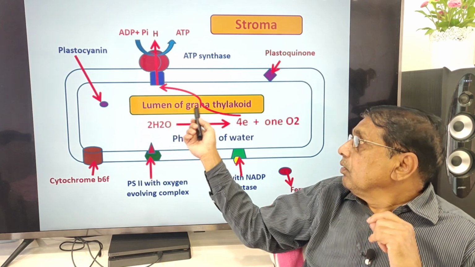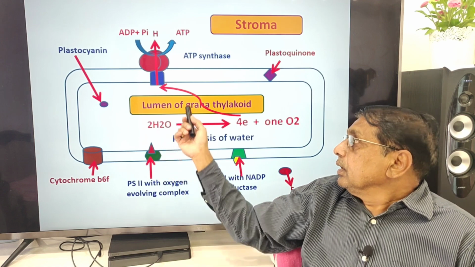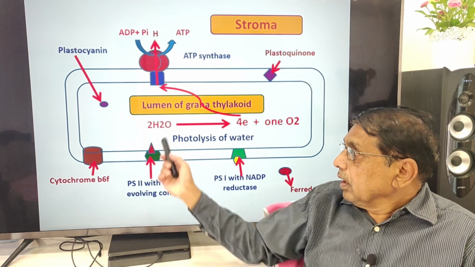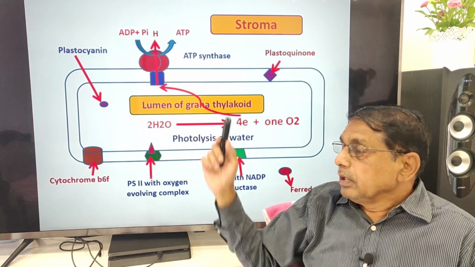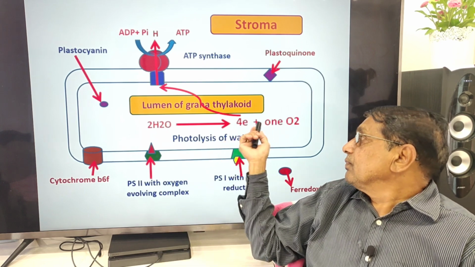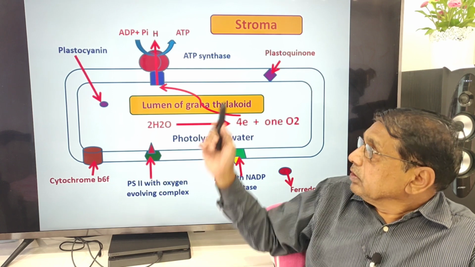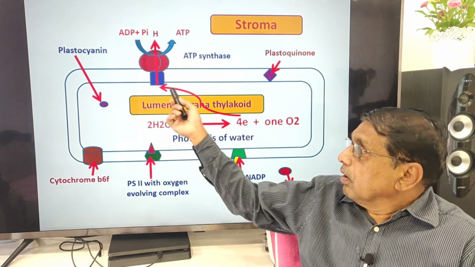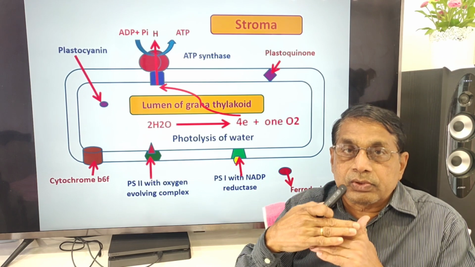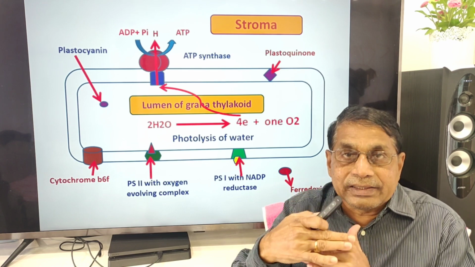Inside the lumen of the granum, that is, this space, the photolysis of water takes place. 2H2O undergoes splitting, giving rise to 4 protons, 4 electrons and 1 molecule of oxygen. These protons are useful for building the proton motive force, or electrochemical gradient, the proton gradient.